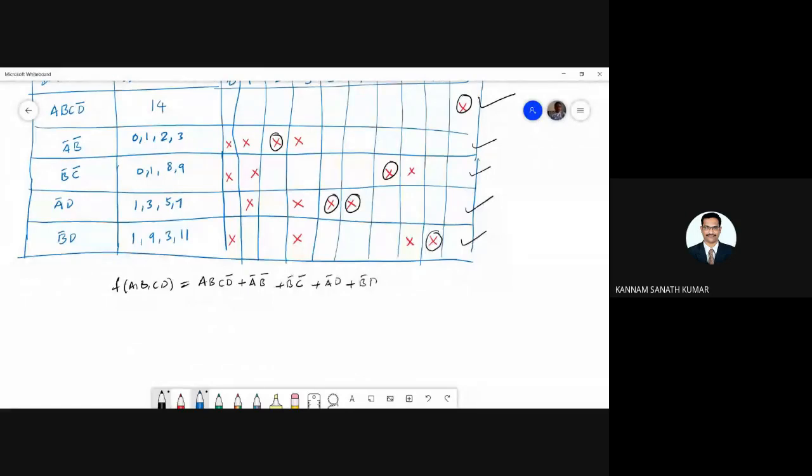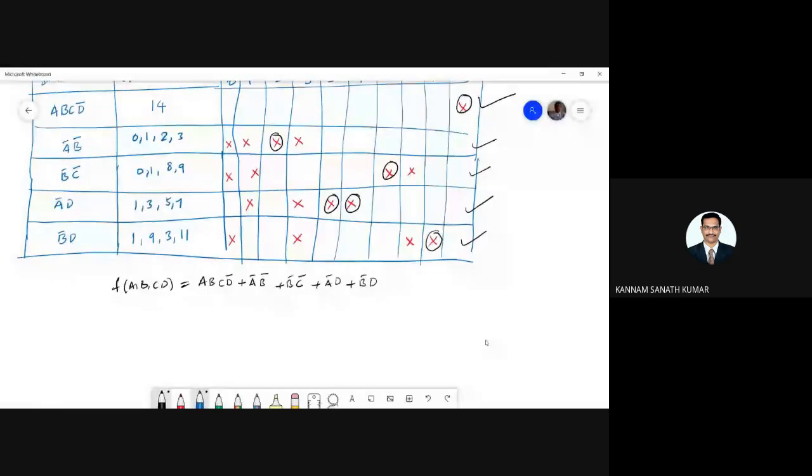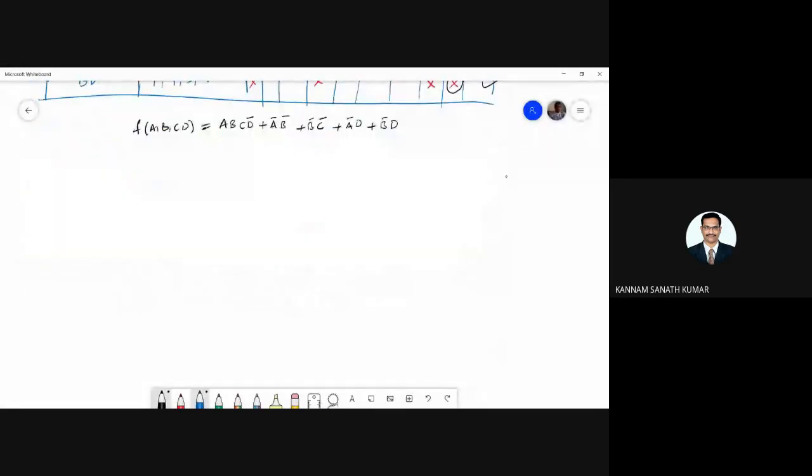Okay, so you can verify with the K map also. So what is my expression? What is in the question he gave? f of a b c d equals summation of m of 0, 1, 2, 3, 5, 7, 8, 9, 11 and 14 he gave.